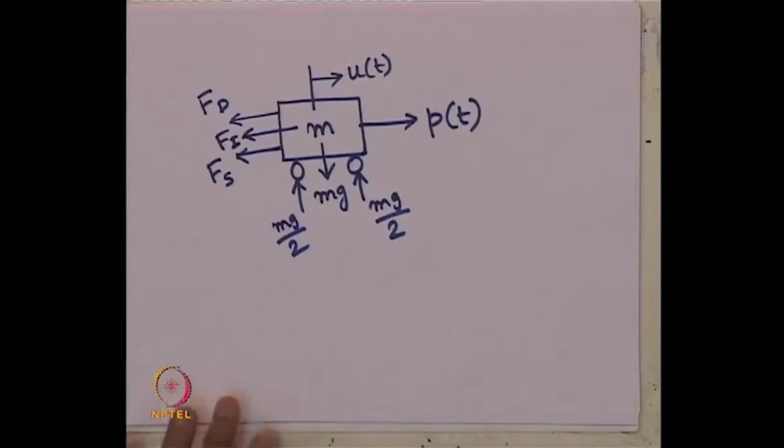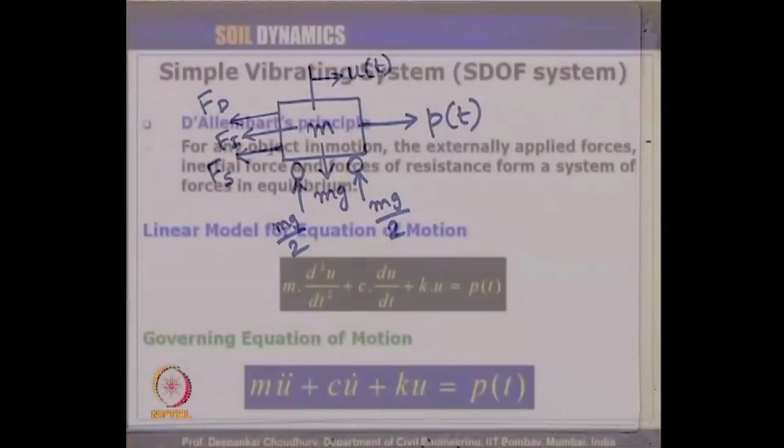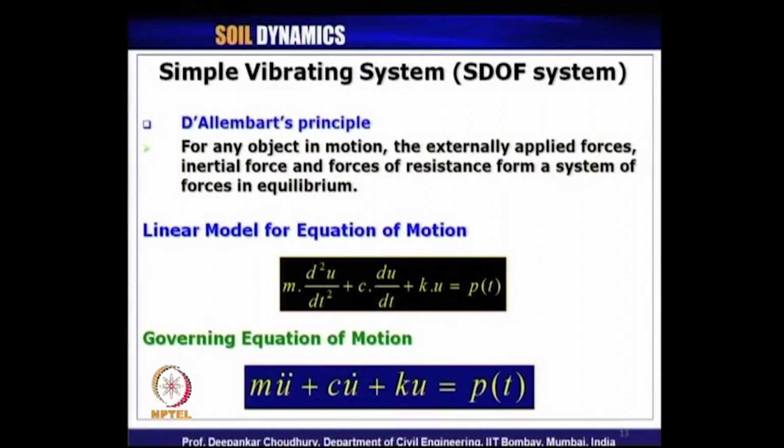Then, let us look at the slide. This principle, D'Alembert's principle, is very much useful to satisfy the equilibrium of a dynamic system. What it says is that for any object in motion, the externally applied forces, inertial force and forces of resistance form a system of forces in equilibrium.